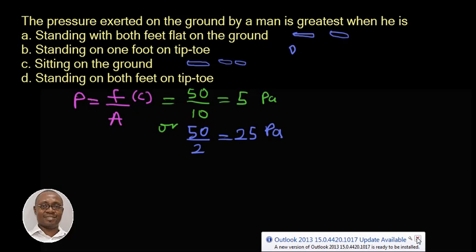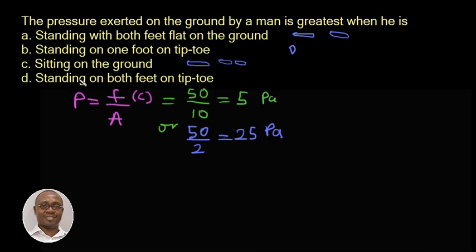Then option D says standing on both feet on tiptoe. So we'll have something like this. Good. So now if we look at these 4 configurations, we will see that the tiptoe has the smallest contact with the ground, compared with the other mentioned configurations.